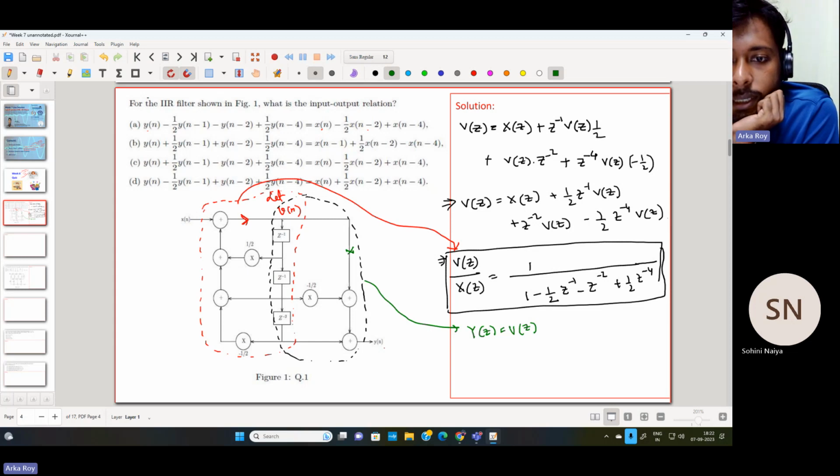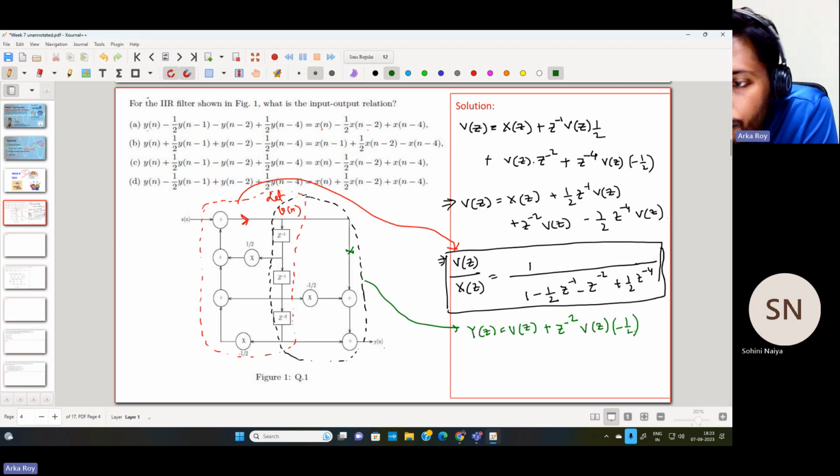In addition to that, there are two delay blocks. So it will be z to the power -2 and there will be V(z), and there is a multiplying factor of minus half. So I will multiply a minus half over here, and in addition to that we have a third delay component. So therefore z to the power -4 multiplied with V(z).